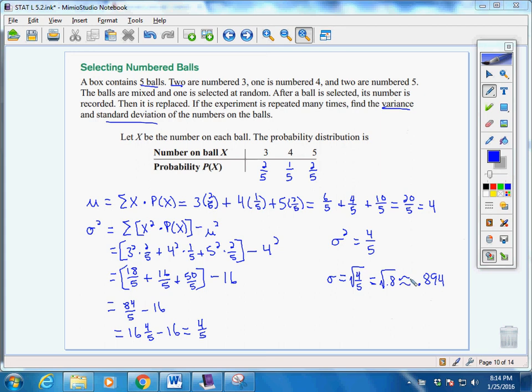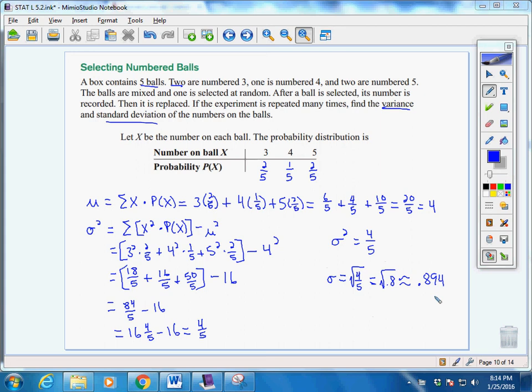So this is just an example of how we can find the variance and standard deviation of a probability distribution. Start by finding your mean. Use your formula, very similar to the mean, except you're squaring your x values and then subtracting off the mean squared. Once you find the variance, you take the square root to find the standard deviation.